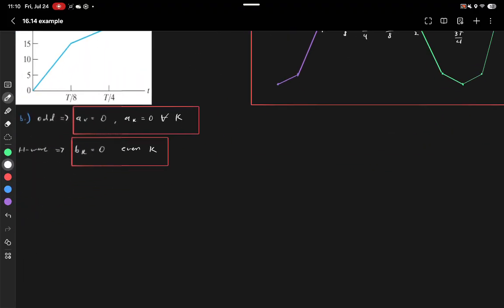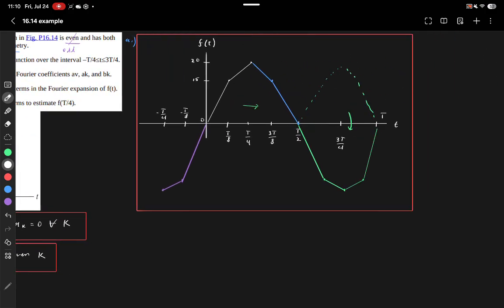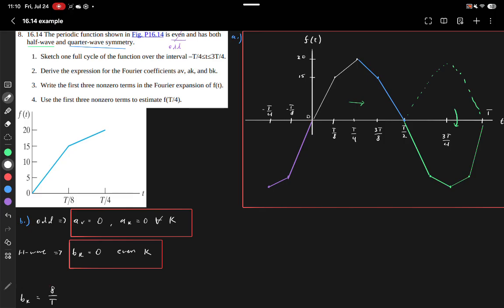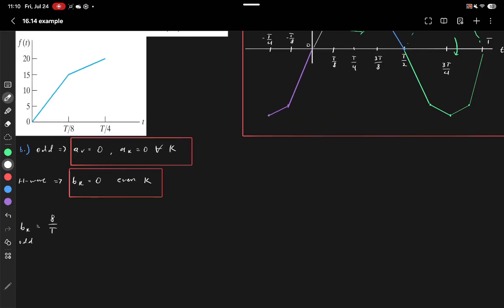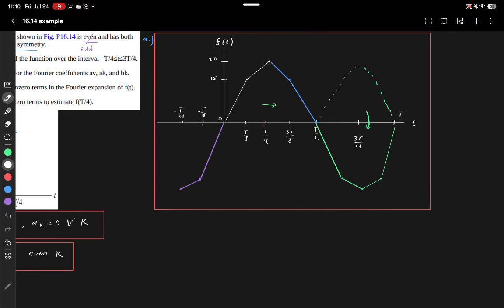But I guess we can throw the b sub k formula for the odd b sub k's down real quick just to see what we're going to need. This is normally the 2 over T, but since we're dealing with multiple things here, it would be multiplied by 2, so we get up to 8. We're going to be looking from 0 to T over 4, and that's just for our original thing that we're given here, and we're going to be basing it off that.